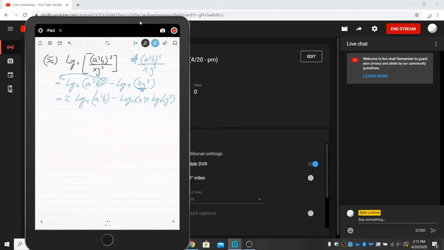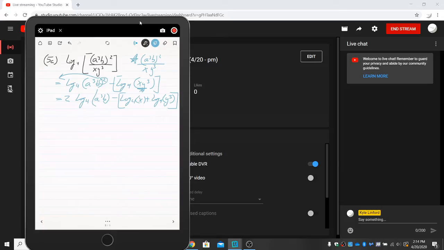But keep in mind, we're subtracting this whole thing. So I better put all of this in brackets or parentheses. I better section that off because I'm subtracting the whole thing. So when I split that log 4 of xy cubed up, I need to subtract both of those values.